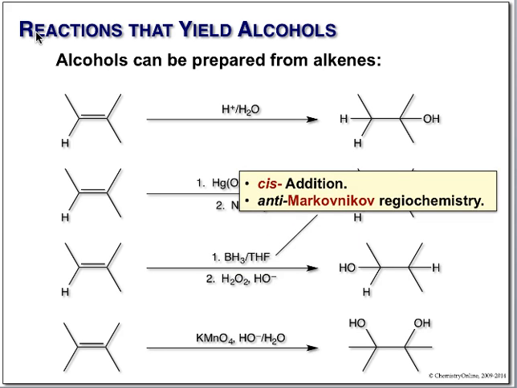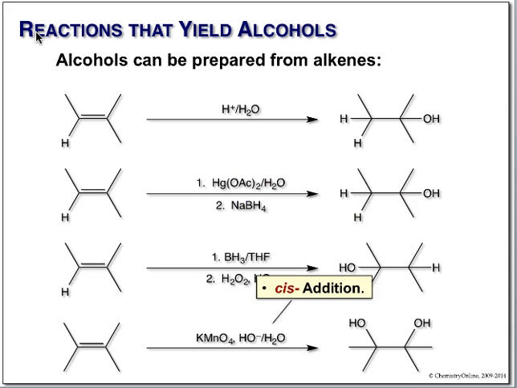Chapter 8. Anti-Markovnikov. And finally, as we just saw in our previous slides, an alkene with permanganate gives a cis 1,2-diol. Well, that's chapter 8. You know that. You had exam 2. You're happy with that, right?